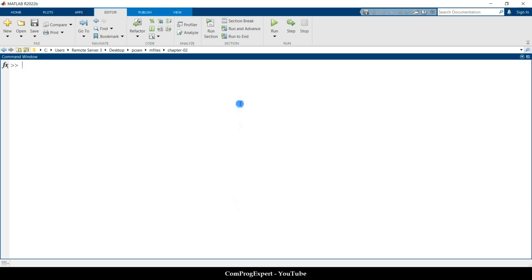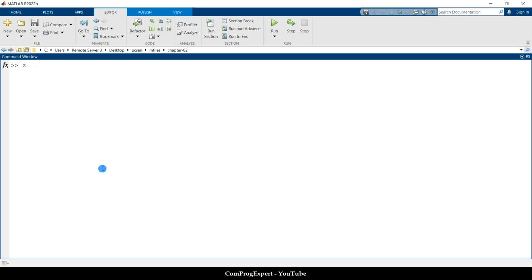You know that in MATLAB, if we define a variable like this, z equal to 1 plus 2i, this is a complex number. Or z equal to 1 plus 2j is also a complex number, i or j. By default, in MATLAB, this is the imaginary number.